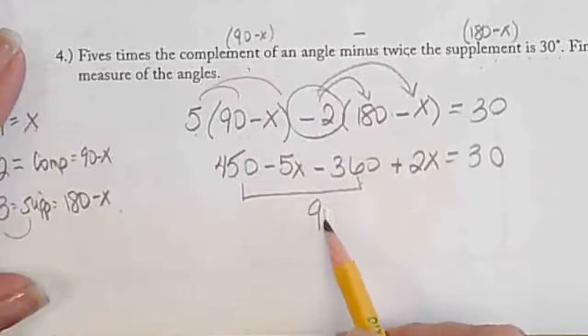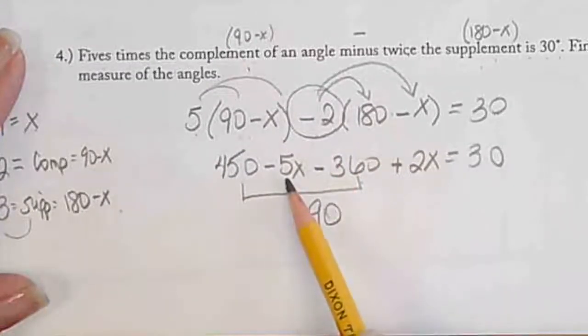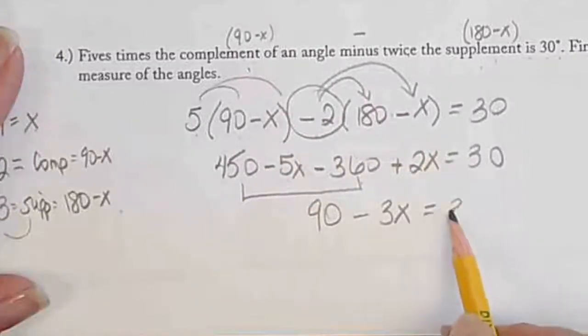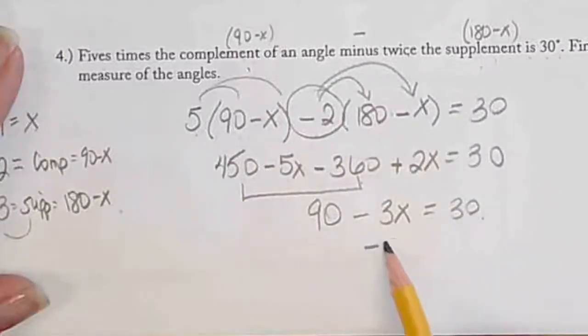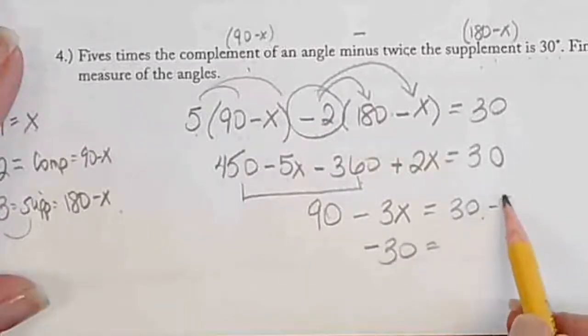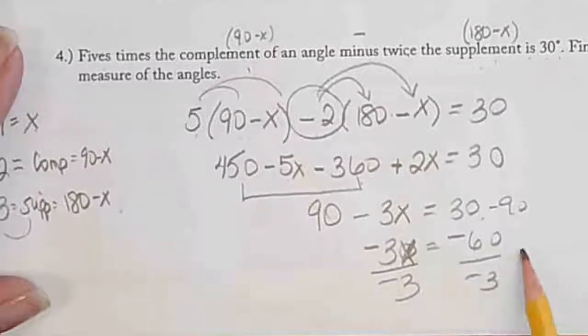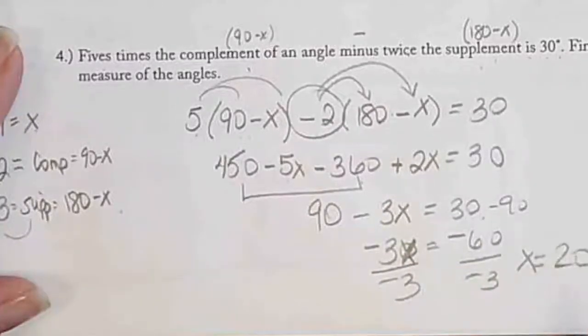You know what, maybe I'll minus 90 to the other side. And when I minus 90, that's minus 60. That's not 30, that's 3x divided by negative 3. And x is equal to 20. Yep, I made it on camera. So since x is equal to 20, I'm writing that in over here. The complement is 90 minus 20, that's 70.